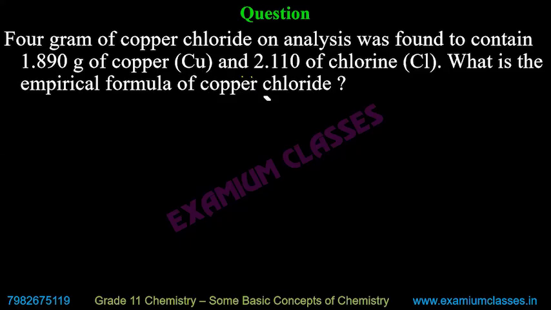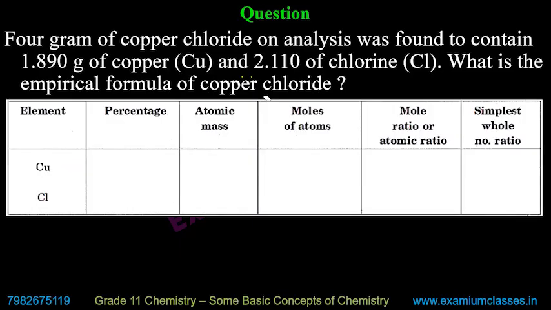In this case, we have copper and chlorine. So we will form a table with elements copper and chlorine. And the columns will usually be percentages, atomic mass, moles of atoms, then molar ratio or atomic ratio, and then simplest ratio. This will be the normal approach, and the normal columns you will have in the table.